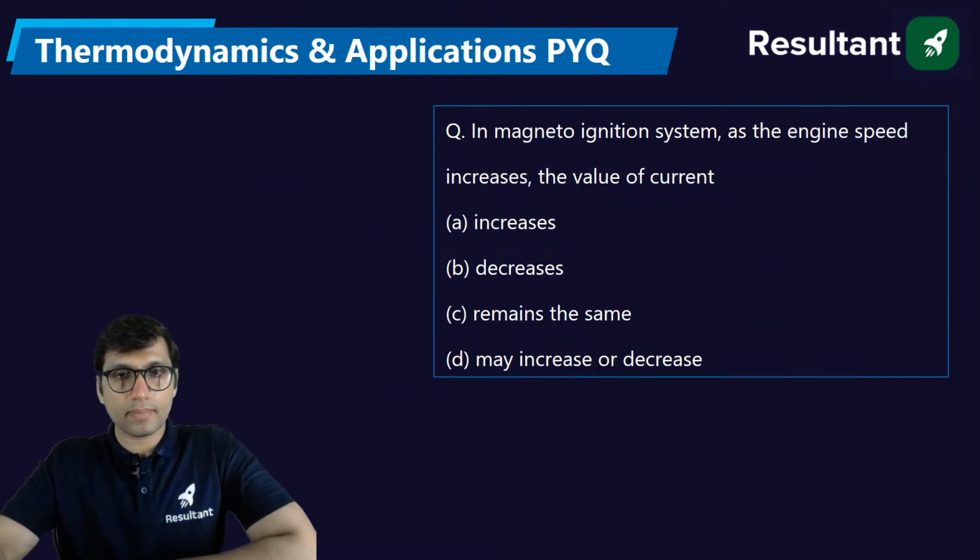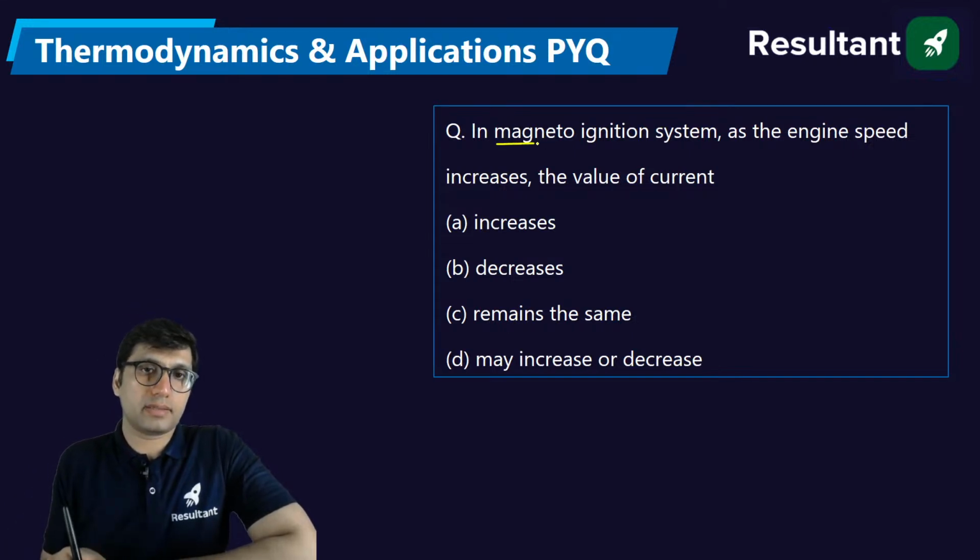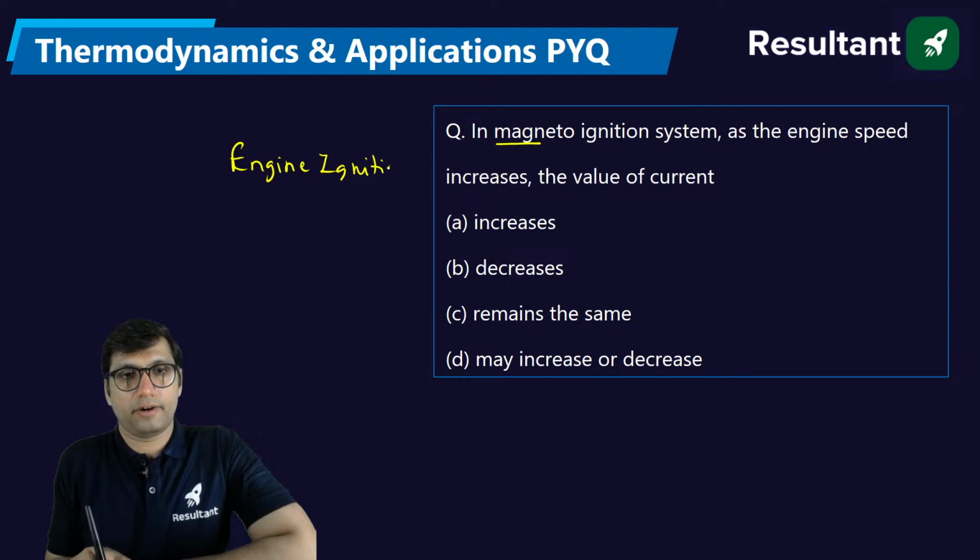In the magneto-ignition system, as the engine speed increases, what happens?